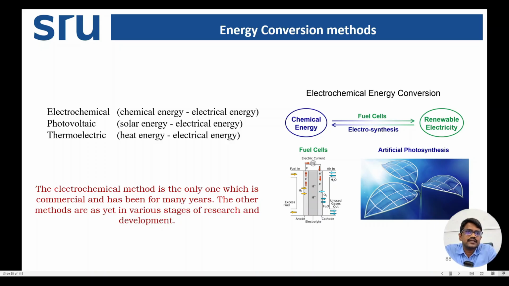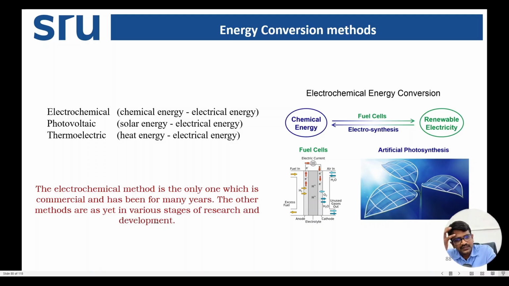Then photovoltaic, solar energy to electrical energy. Then thermoelectric, heat energy to electrical energy. Here you can see electrochemical methods. The electrochemical method is the only one which is commercial and has been for many years. The other methods are in various stages of research and development.